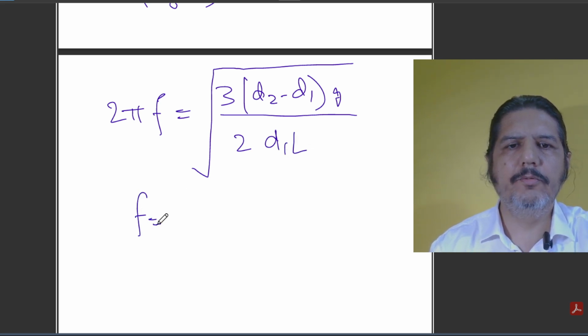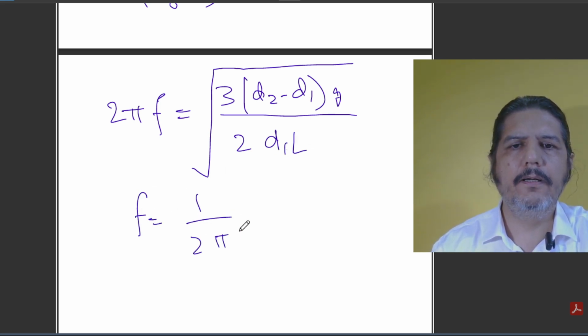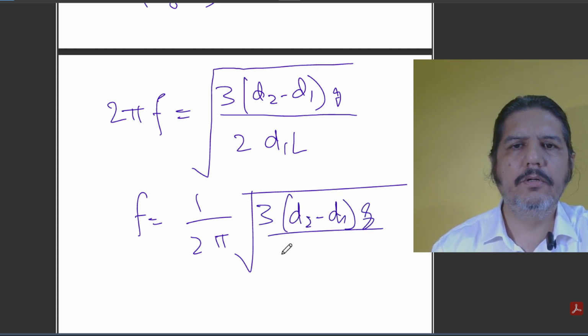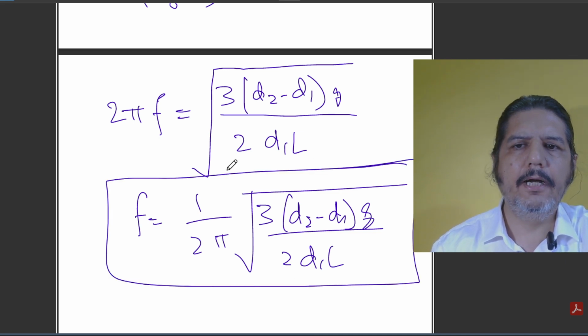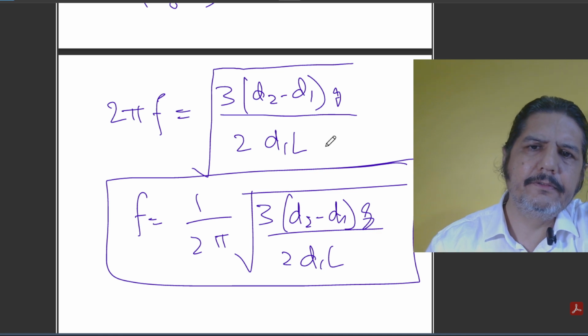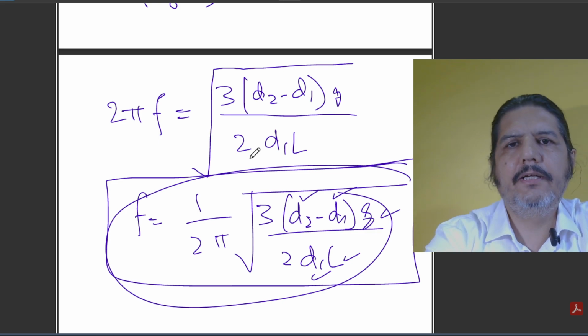So my frequency would be equal to 1 by 2 pi times the square root of 3 (d2 minus d1) g upon 2 d1 l. This is my final answer. All these are the given parameters, because I have d2, I have d1, I have the length of the rod. So this would be my final answer.